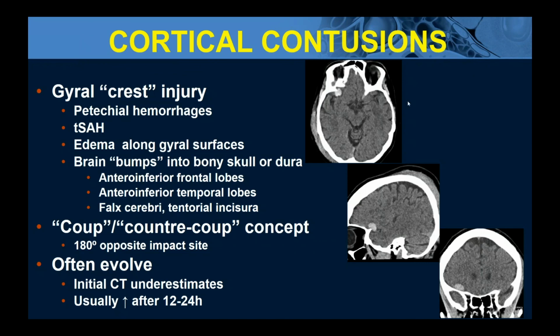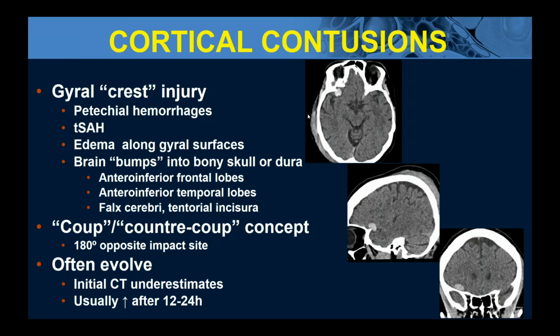Why is this? It's because when your brain is bumped suddenly, you have a blow where it directly hits, but on the 180 degrees opposite, if it's a hard enough blow, the brain will literally bounce against the opposite side of the skull. And so we always want to look opposite where we see the brain bruise.